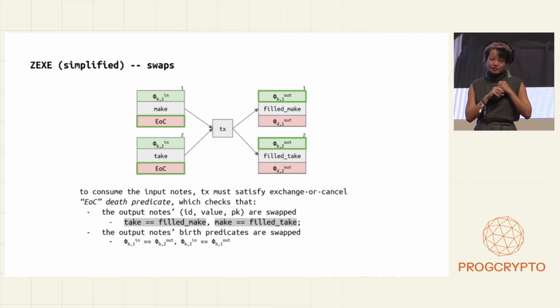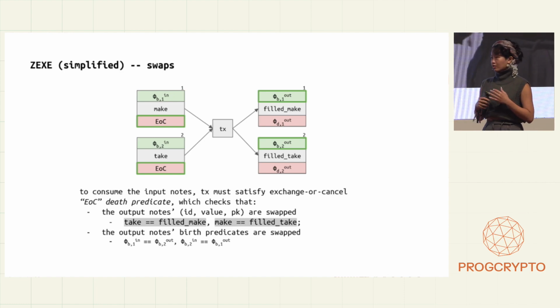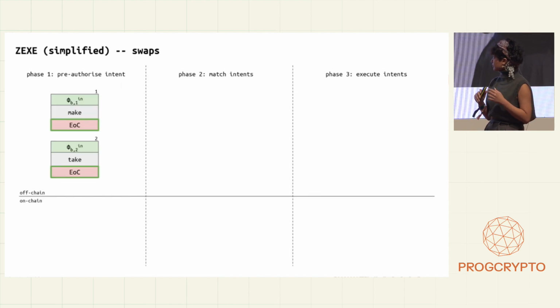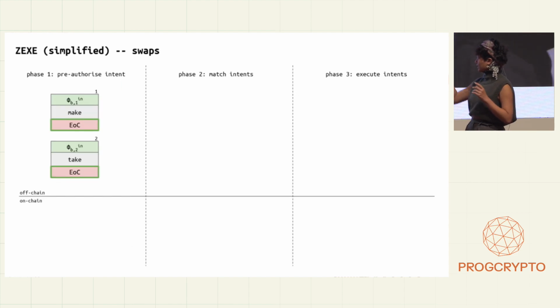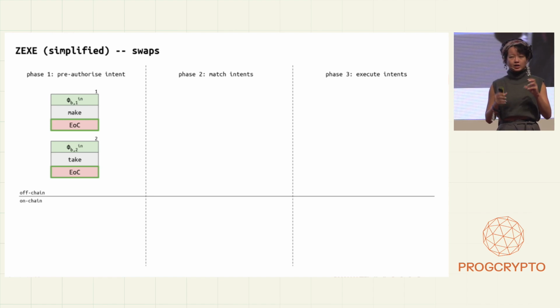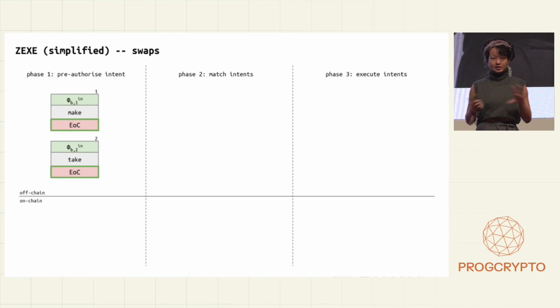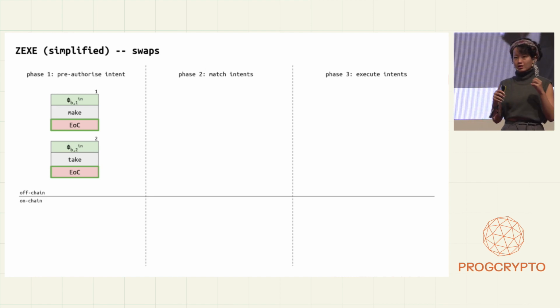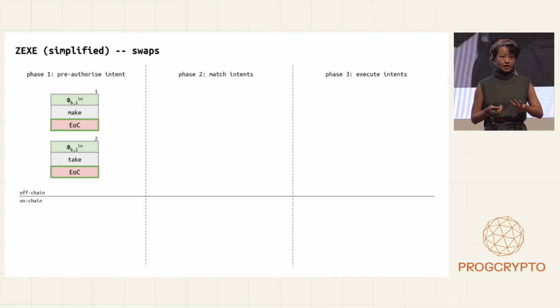Yeah, I'm not gonna go into detail, but that's the high level of how Zaxi works. So in phase one, both the maker and the taker spend the notes that they're intending to trade. So they create these output records.